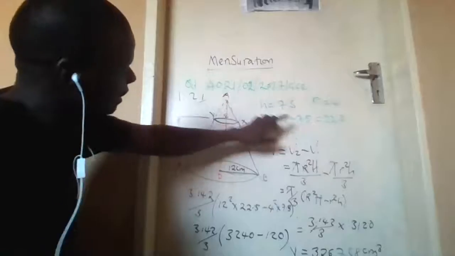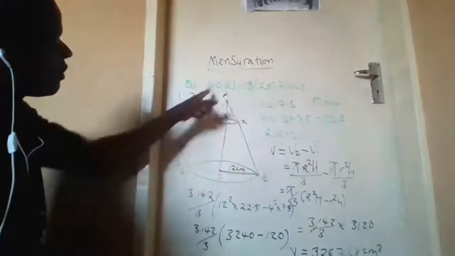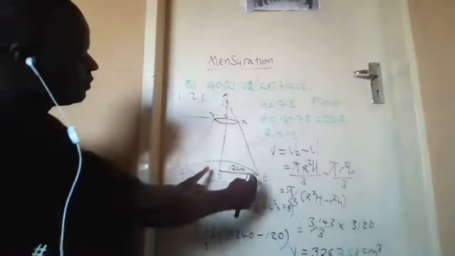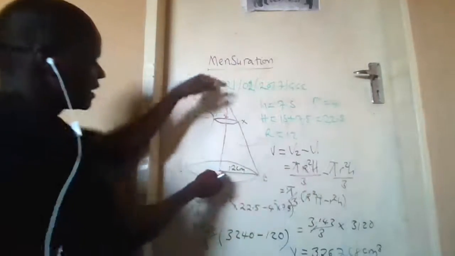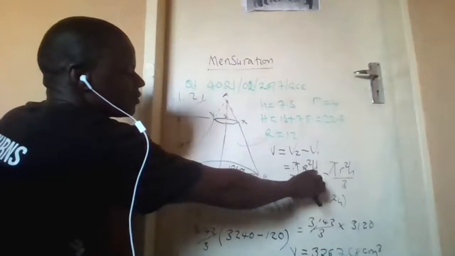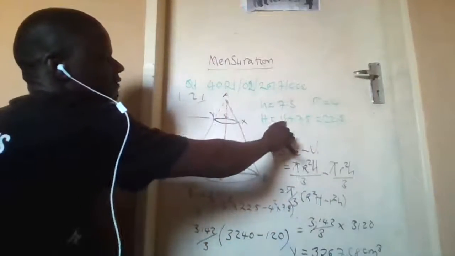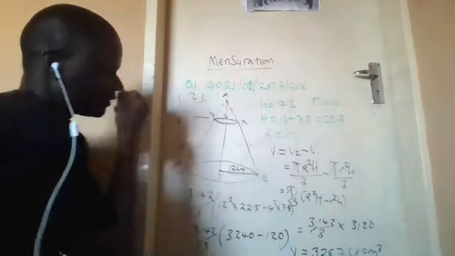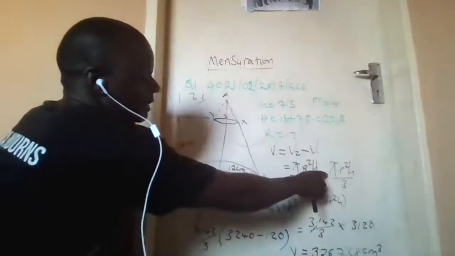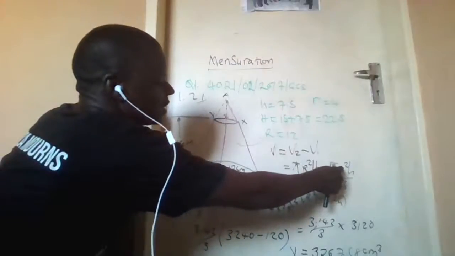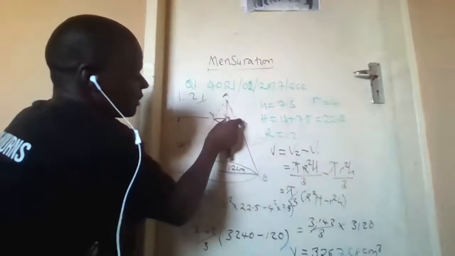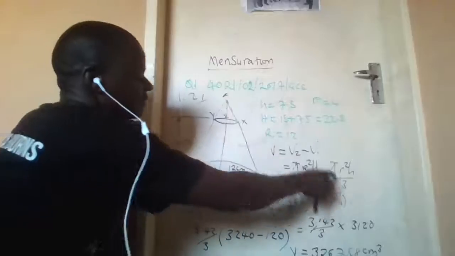For the big or complete cone, we use the big radius R and the big height H, but we know that our H is 15 plus 7.5, which is 22.5, divided by 3. Minus, we remove the one on top, pi r squared h, the small r and small h, divided by 3.